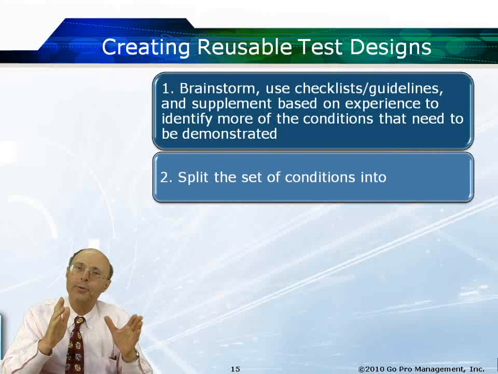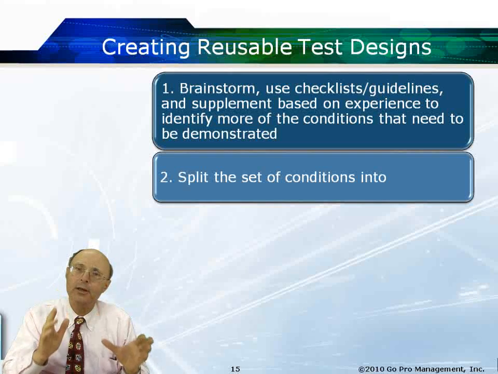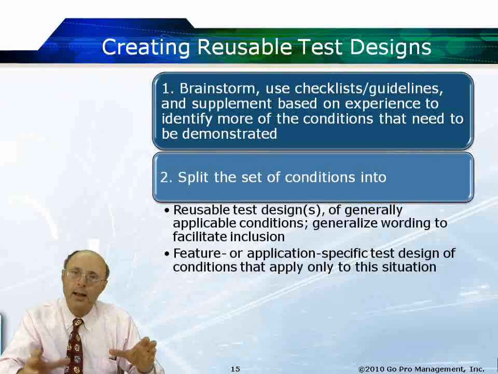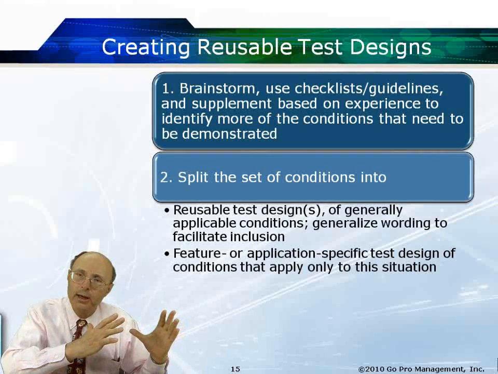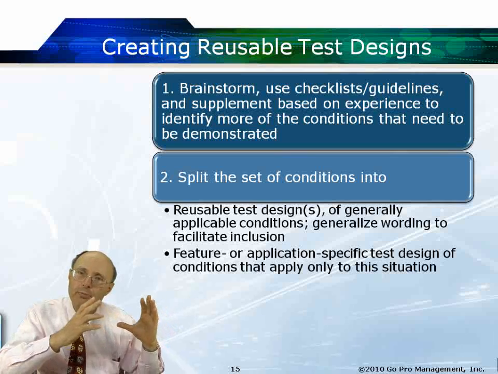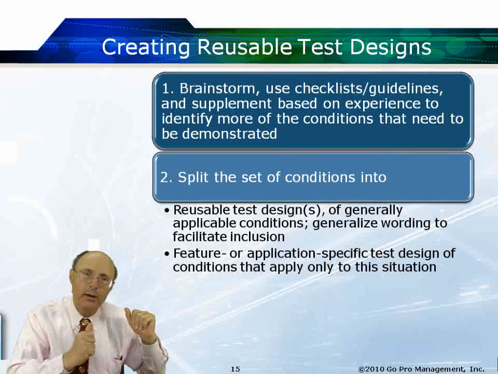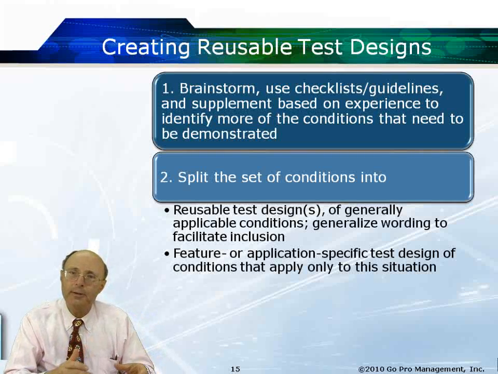Then we evaluated that and we took the conditions that were generally reusable, and we changed wording where possible to make it generally reusable. And that was one test design specification.